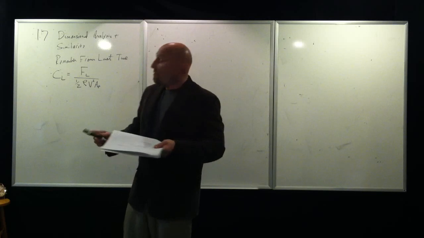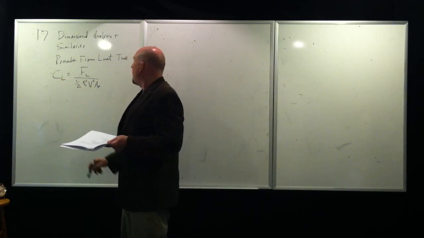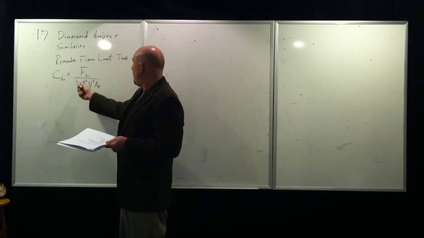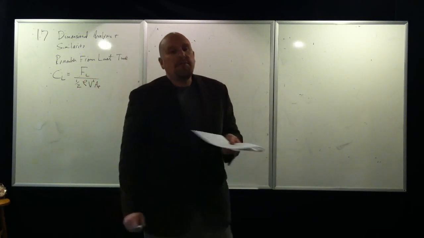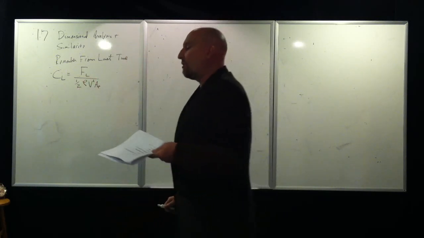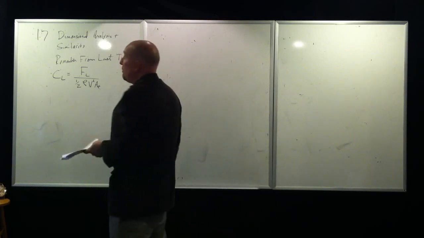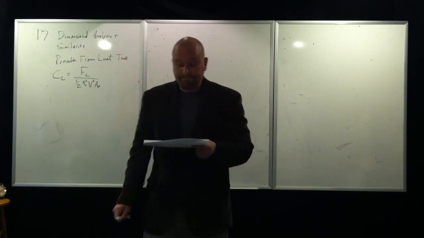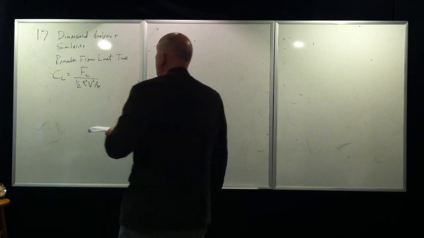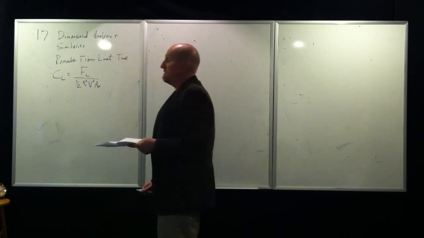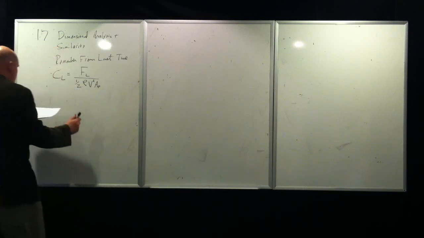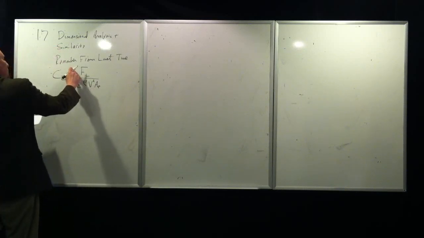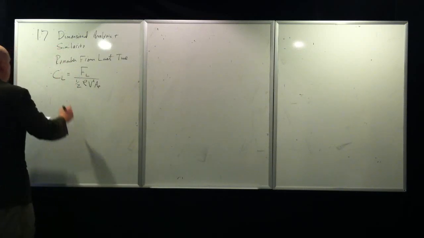However, now we want to define the coefficient of lift as the force of lift divided by 1/2 rho v squared and the important area of your model as well as your prototype. This is going to be a result of dimensional analysis and similarity. So this will be the end result.